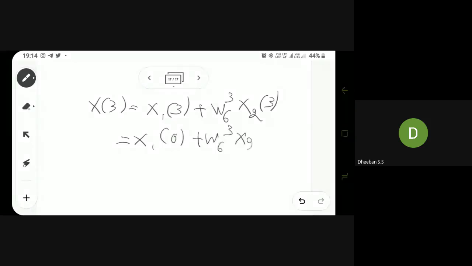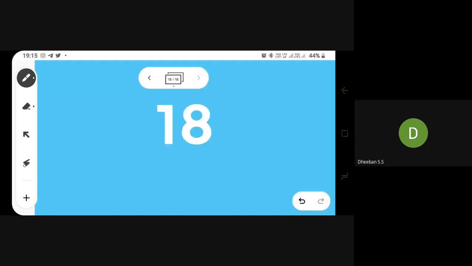So substitute the values, we'll be getting 4 plus minus 1 of 5. So that is 4 minus 5, so we'll be getting minus 1. Still two samples are there. x of 4 equal to x1 of 4 plus w6 of 4, x2 of 4.